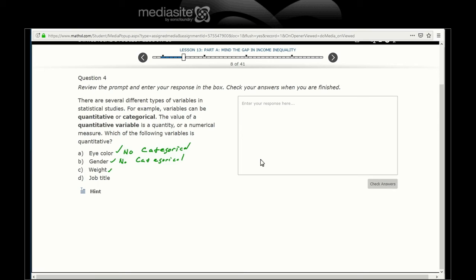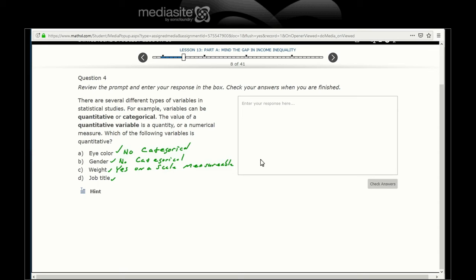Weight. Can I measure weight? Yes, I can measure the weight. It varies anywhere from very little to very big. Yes, on a scale. Measurable. Job title.